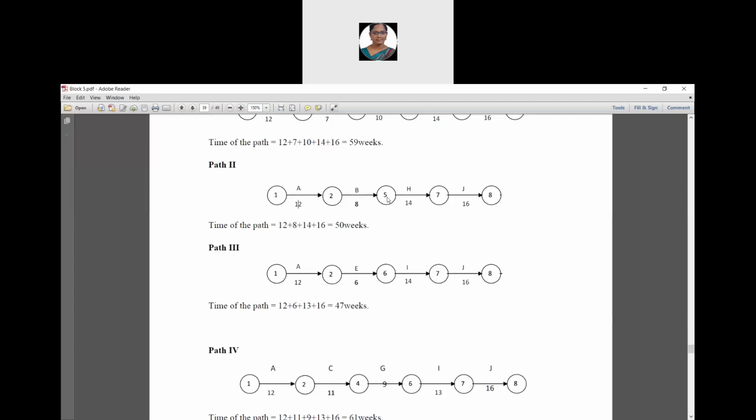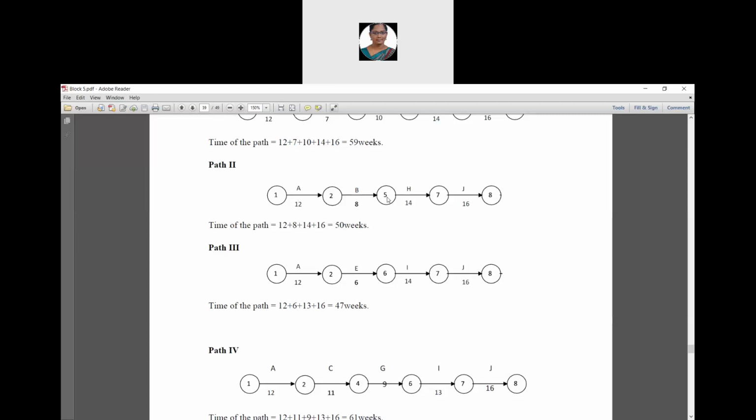Then time duration for path 3 is 12 plus 6 plus 14 plus 16. It is 47 weeks. Then path 4, 1 to 2 is having an activity A and its time duration is 12. 2 to 4 is having an activity C and its time duration is 11.